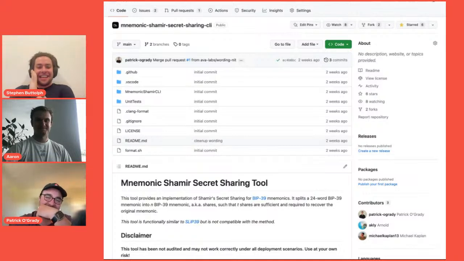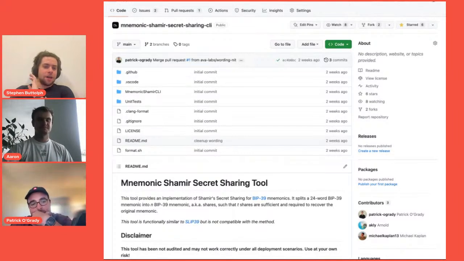I would also like to say that Shamir secret sharing in general is actually a pretty accessible cryptographic primitive. Reading the paper is actually not that bad, even without a cryptographic background. So if you're interested in learning about how this actually works, I would say this is a more approachable cryptographic primitive than most.